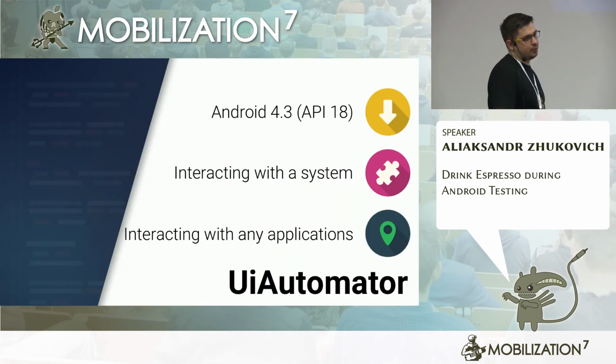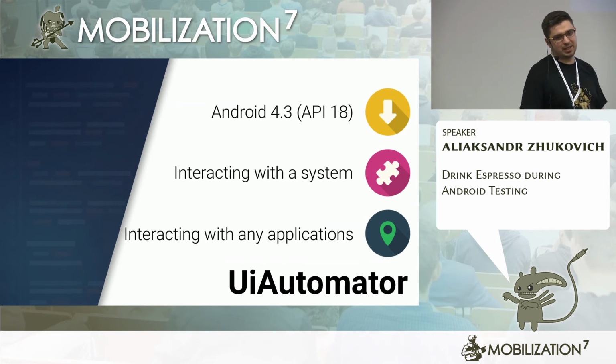And let's move to the second framework of the Android testing support library. This is not a really popular framework, and one reason is its API level, which is pretty high.